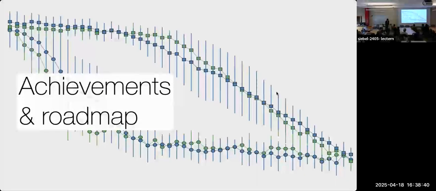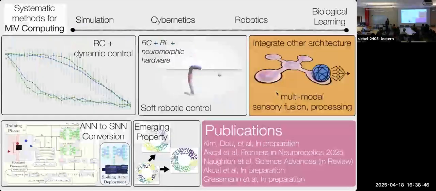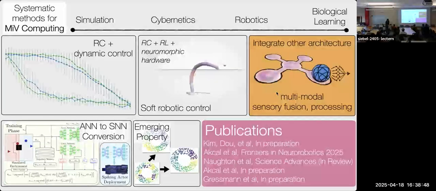So I will quickly go over some of the roadmaps and some of the things that I've done for this project. I've been broadly working on building a systematic method for doing computing with this neural culture. I participated in work on simulation, information processing, and communication between the biological culture and cybernetics.